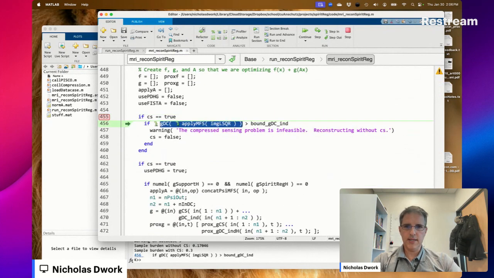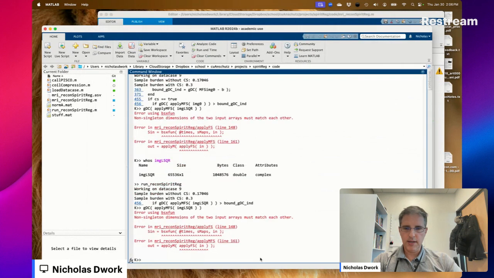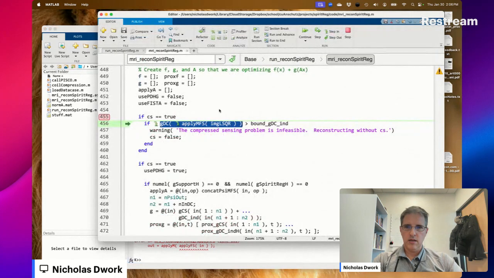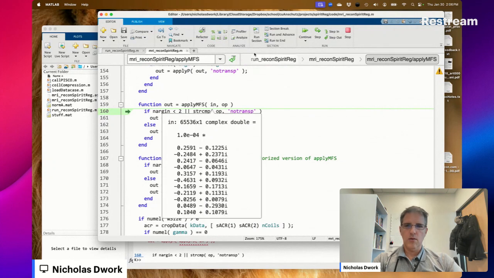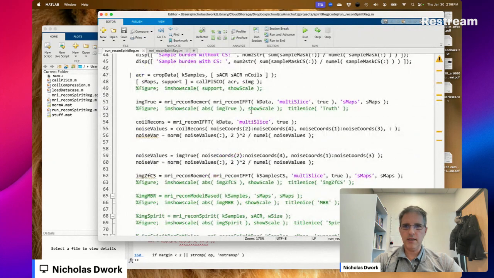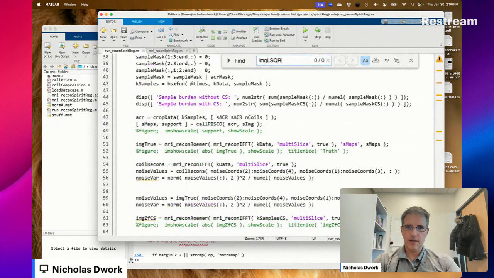Now I can finally see if it's feasible. That value, non-singleton dimensions of 2 input arrays. What's going on here? What? I thought I already reshaped it. Did I not?